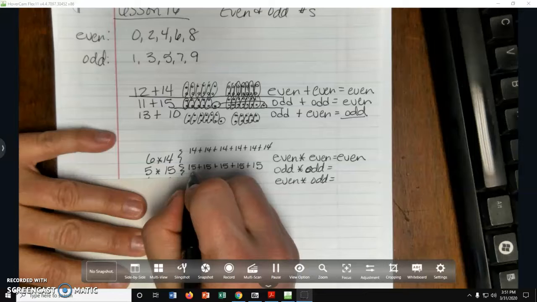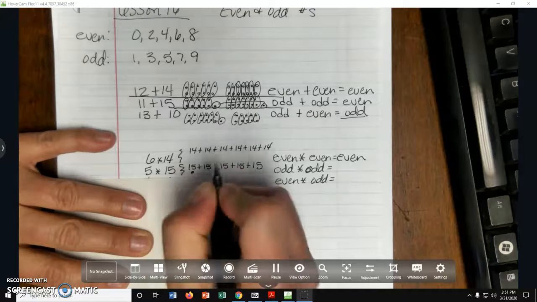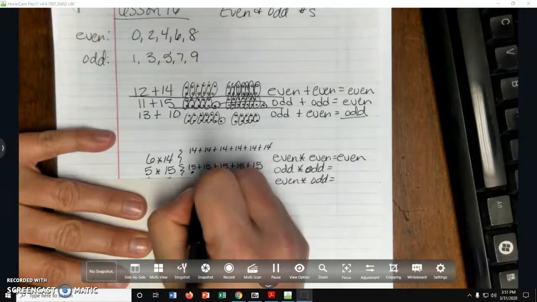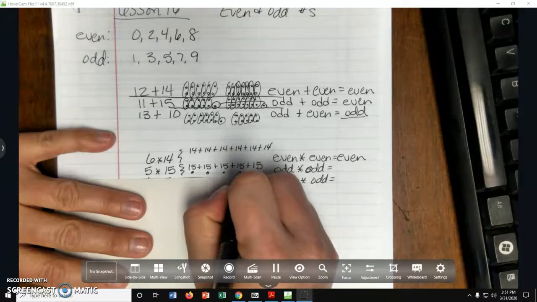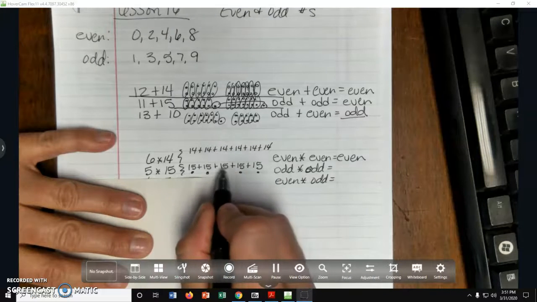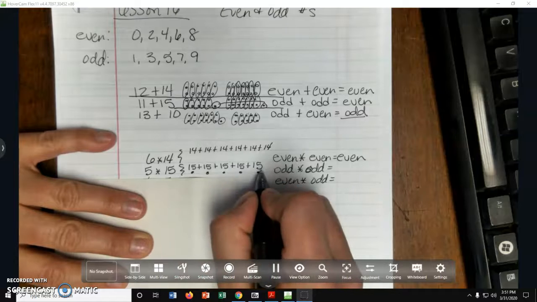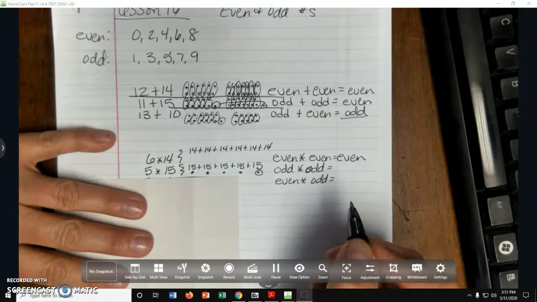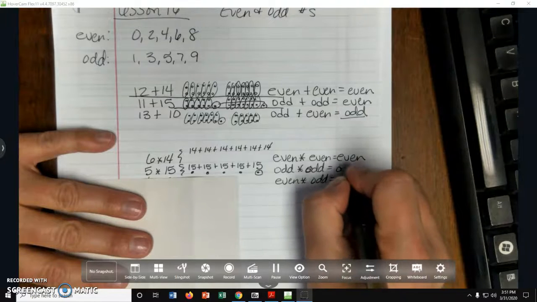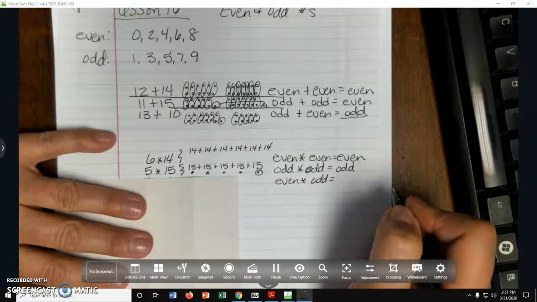If I had 15, I'm going to have 1 left over because I'm going to have 7 and 7 that pair up, and I'm going to have 1 left over. I'm going to have 1 left over on each of these groups. Well, these 2 would pair up, and these 2 would pair up, but I still have 1 standing out. So an odd number times an odd number is going to give me an odd product.